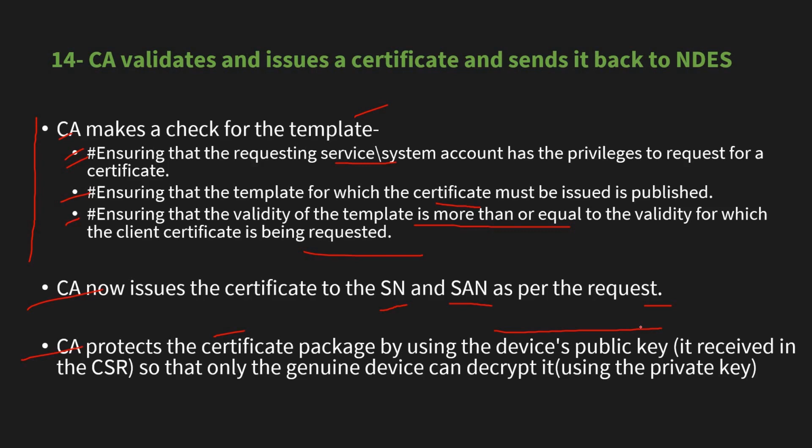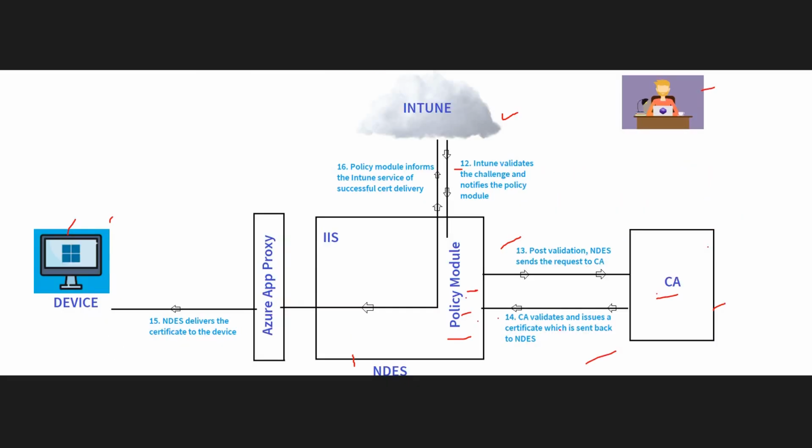And who has the private key? Obviously, only the device has it. So even if this certificate goes to wrong hands or a man in the middle, this certificate package is protected. So only the actual device can decrypt it using its private key. Okay, so going back to the diagram. So in step 14, the CA has validated everything.